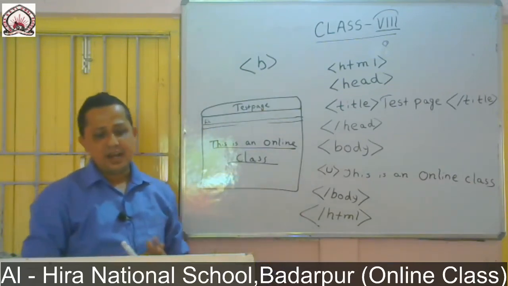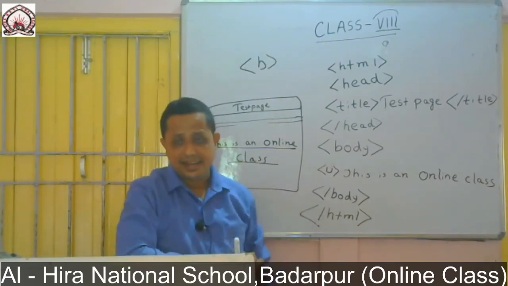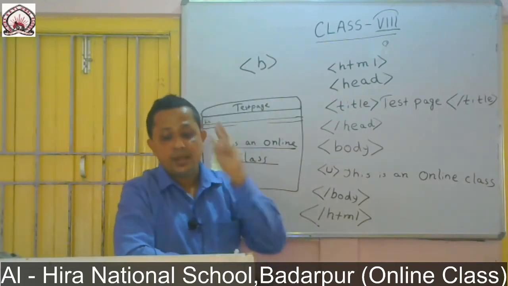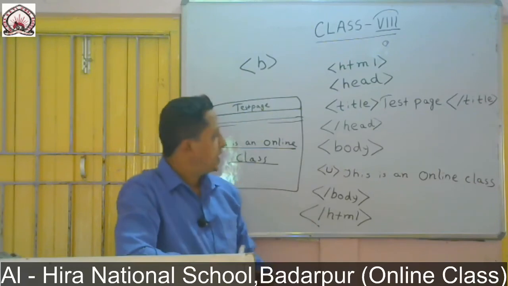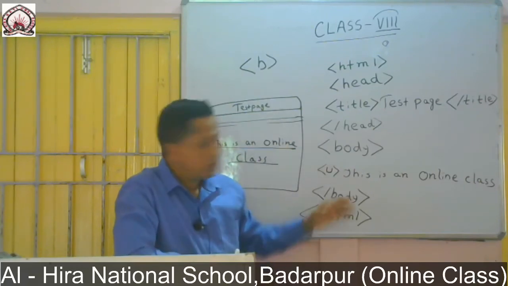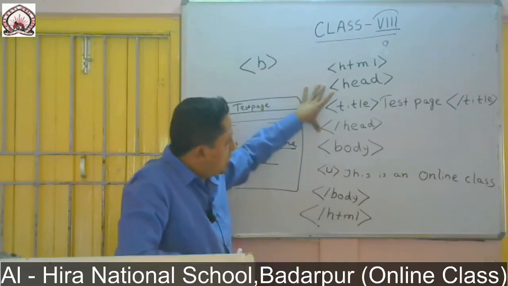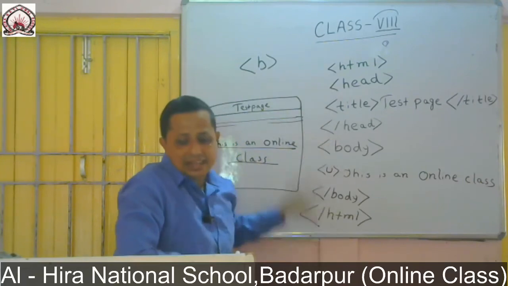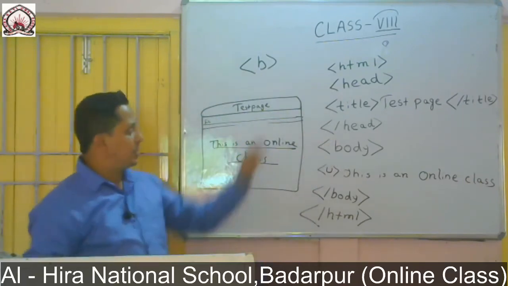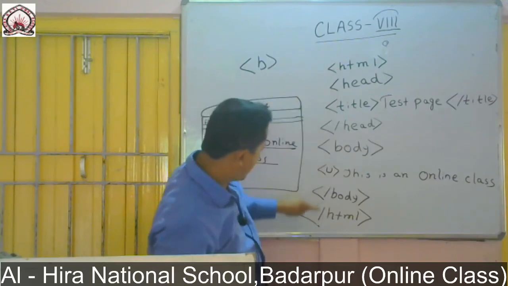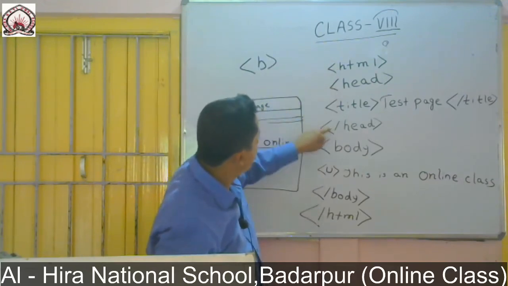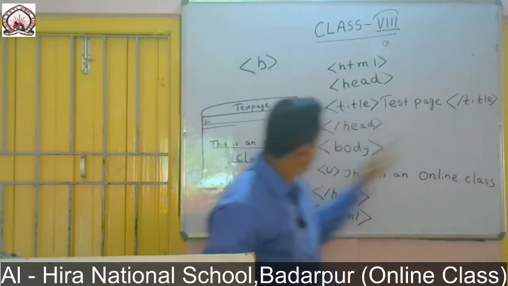An HTML element consists of three parts: an opening tag, content, and the closing tag. So you can see, open, close, open, close, open, close, open, close.